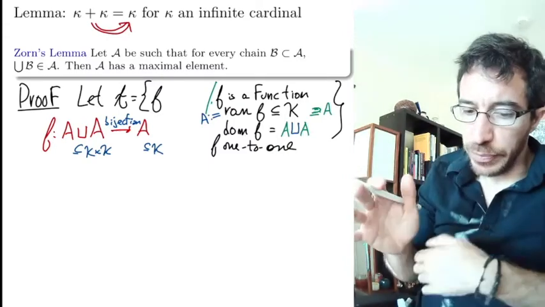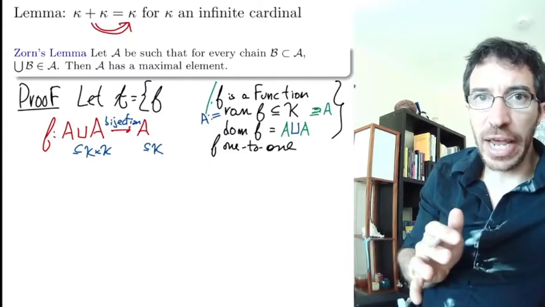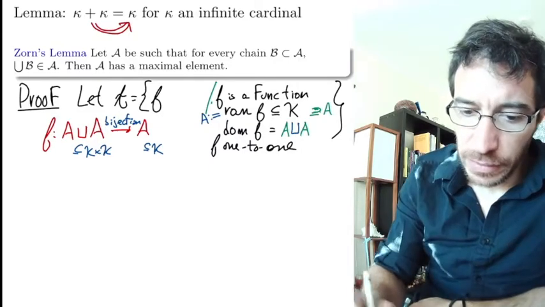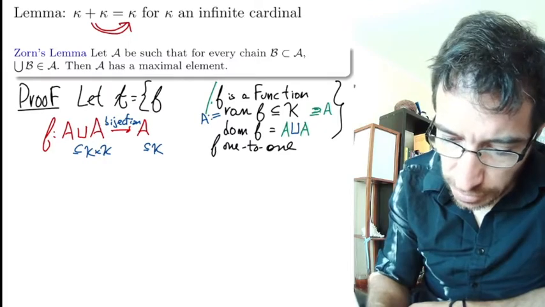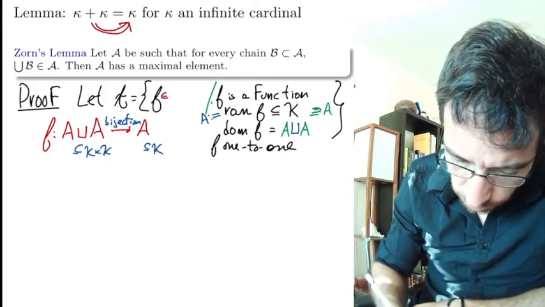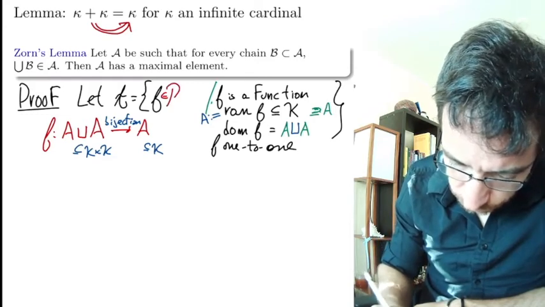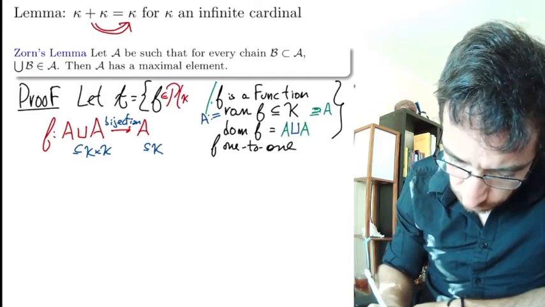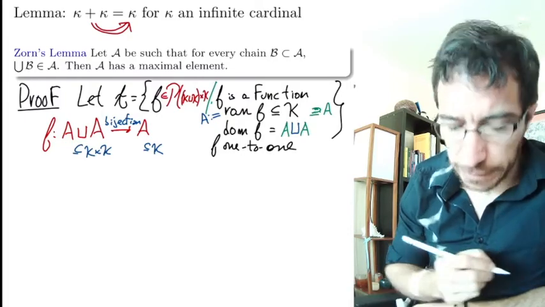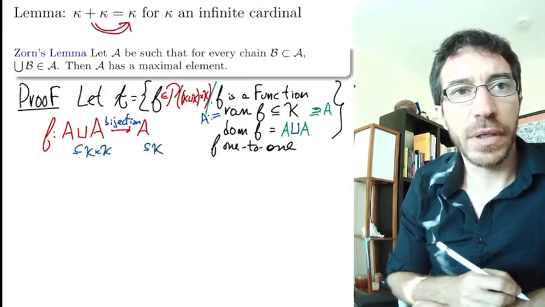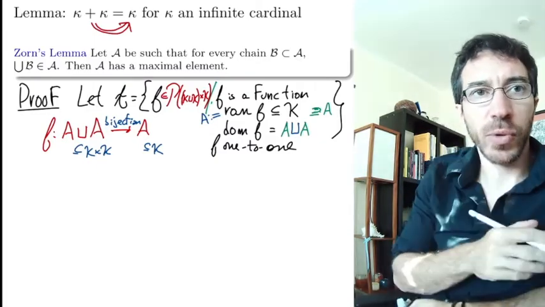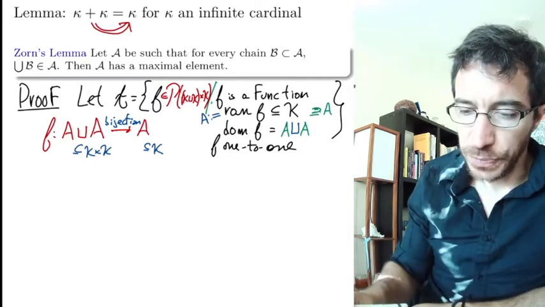They come from A union A, which is a subset of kappa union kappa, going to kappa. So f belongs to the power set of kappa union kappa times kappa. It's a function from kappa union kappa to kappa, as a subset of the set of pairs. Cool, so we can define this using the set axioms.